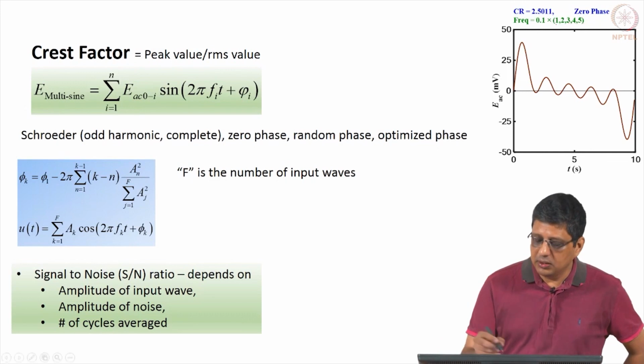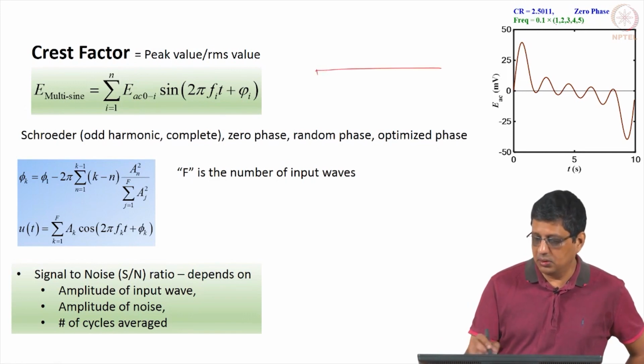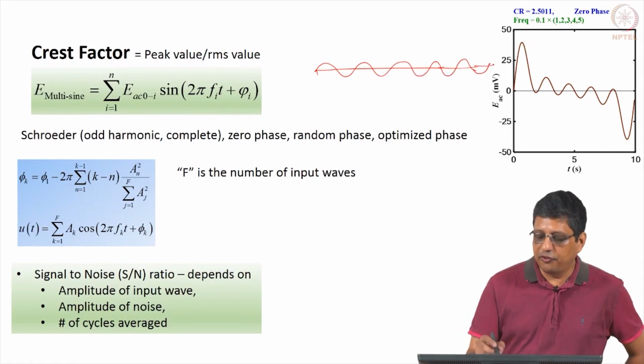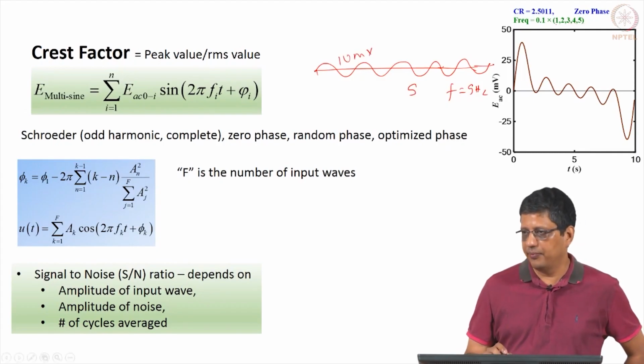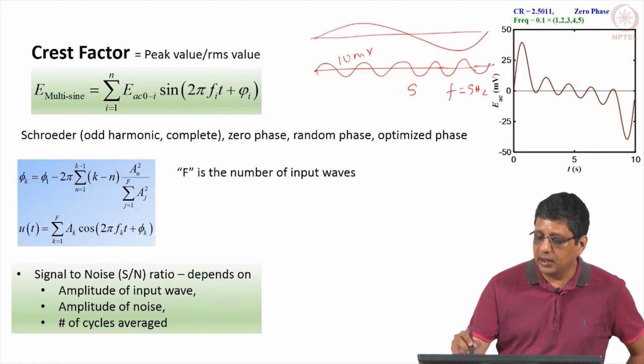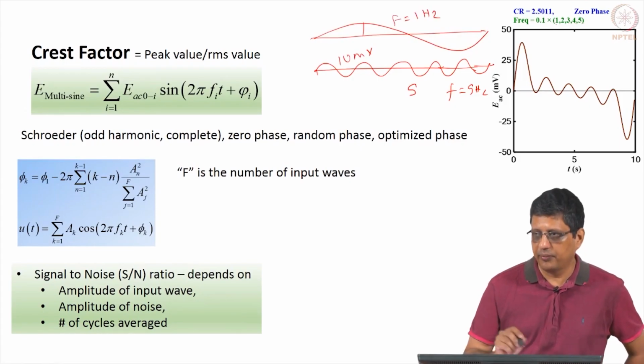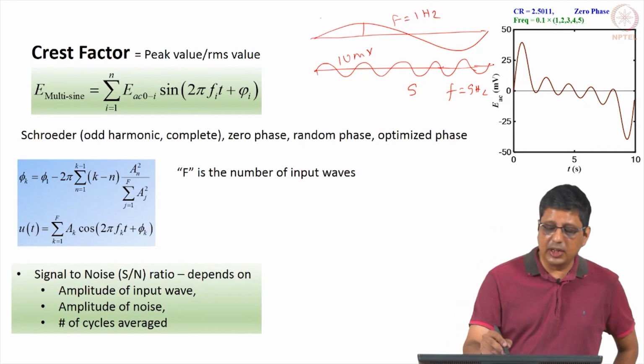Now, it contains 5 hertz, meaning in 1 second, 1, 2, 3, 4, 5 cycles of 5 hertz with 10 millivolt amplitude is used here. I use only 1 cycle of 1 hertz, the same 10 millivolt amplitude is given here.